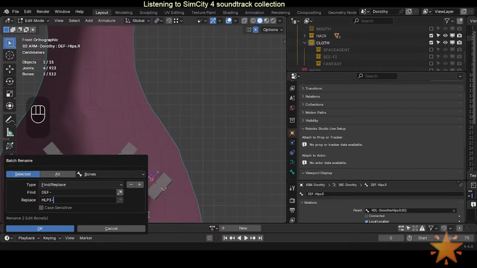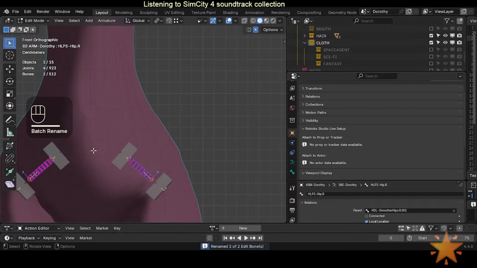So here is the hips, yeah, but it's actually hip left and hip right, so it's not natural, but hips would be for bones that are exactly non-symmetrical, that we don't symmetrize, right?